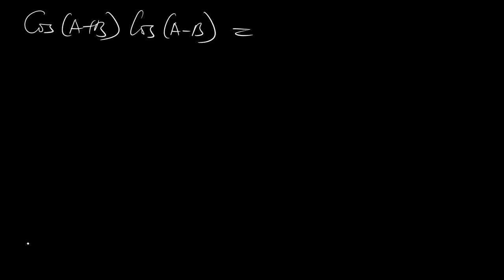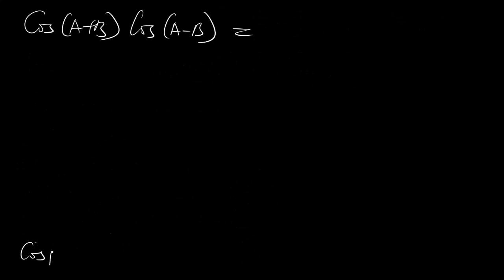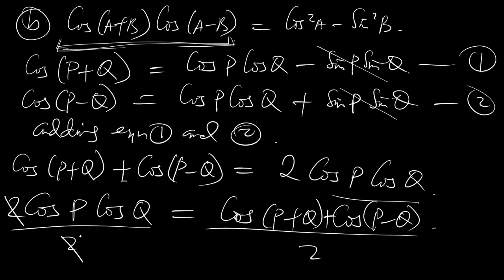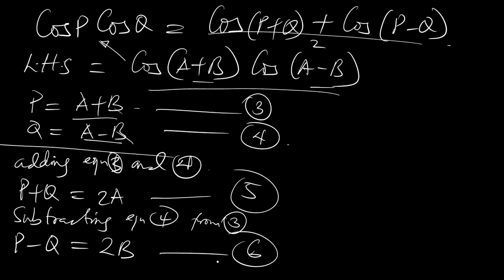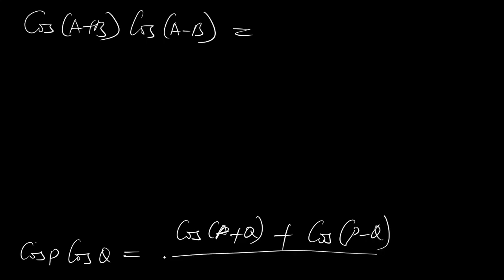We have cos p cos q equal to cos(p + q) plus cos(p - q) divided by 2.